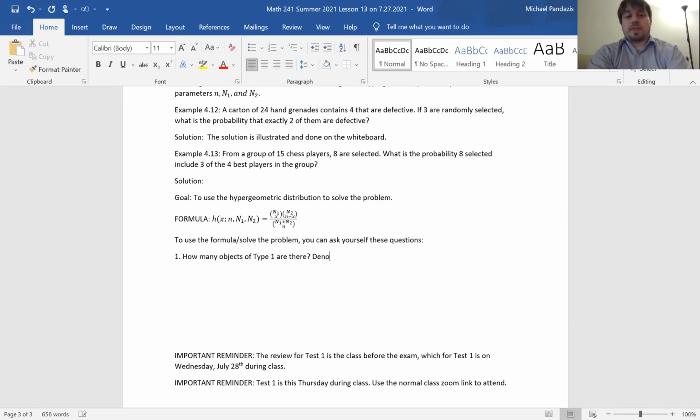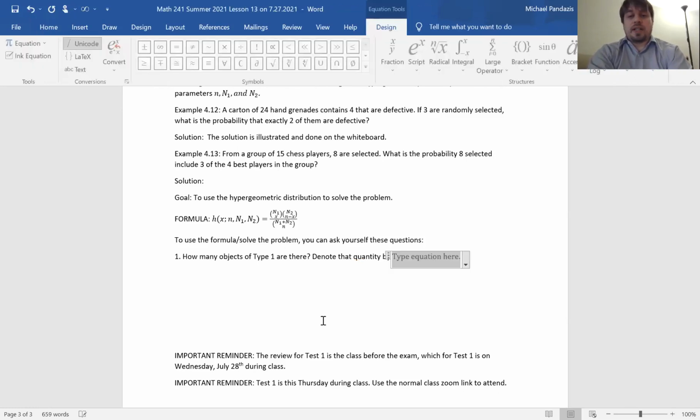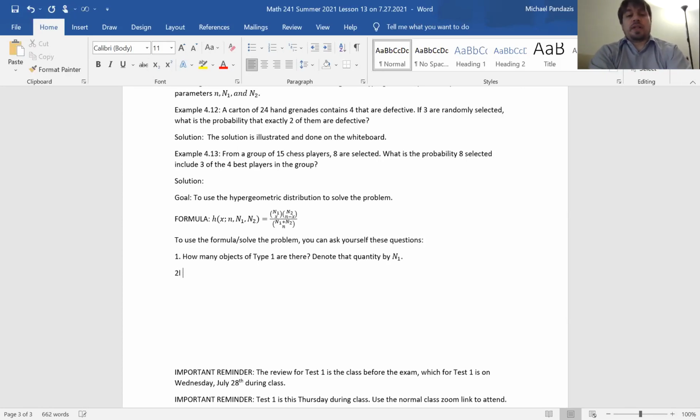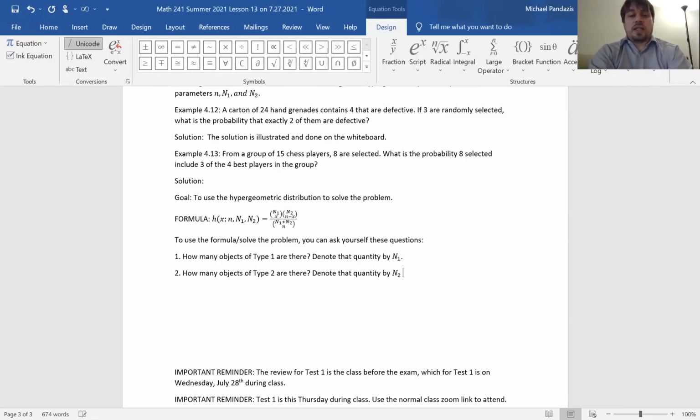Denote that quantity by N1. Two, how many objects of type 2 are there? Denote that quantity by N2.